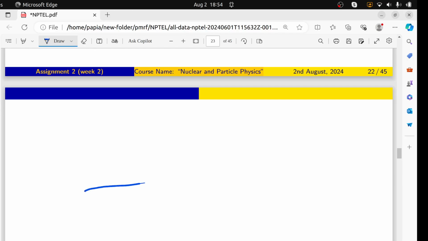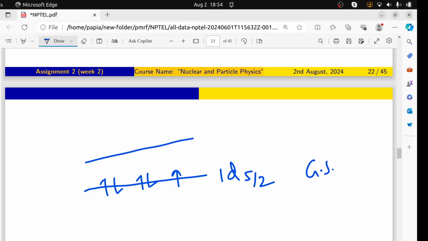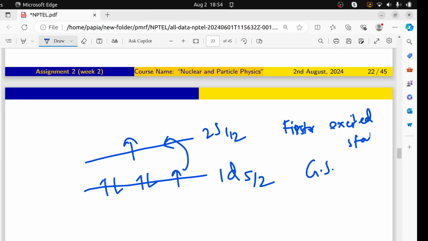Okay. It was 1d 5/2, and there was like that, this one and this one. It was for the ground state. For the first excited state, this one came to here, it was 2s 1/2. This is the first excited state.